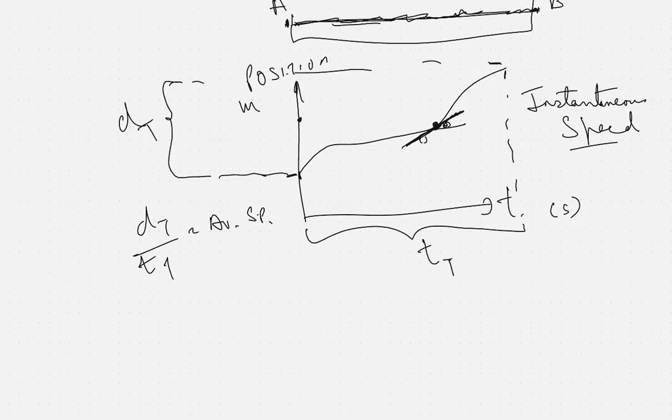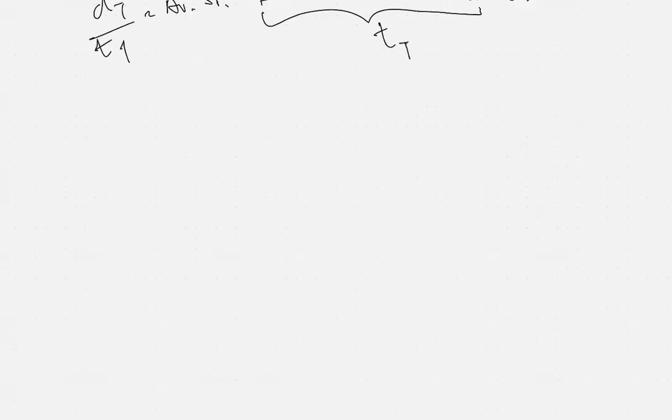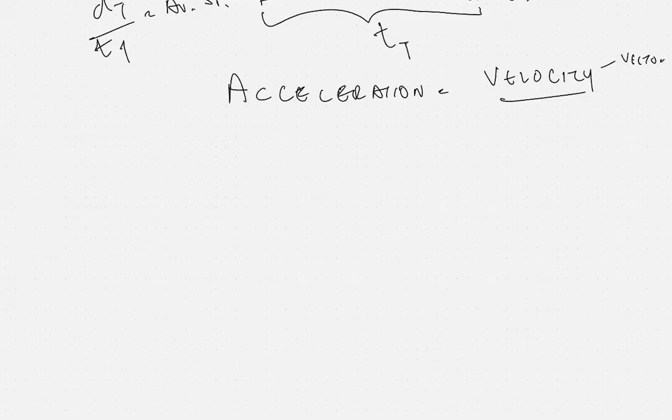Now let us talk about acceleration, and then we'll stop this video. The next time we'll come to graphs. Okay, so when it comes to acceleration, it means velocity, which is a vector, divided by time, you get another vector. Velocity is given by meters per second, and then per second again.